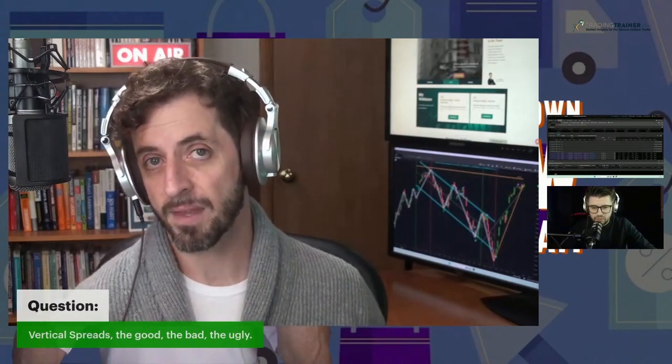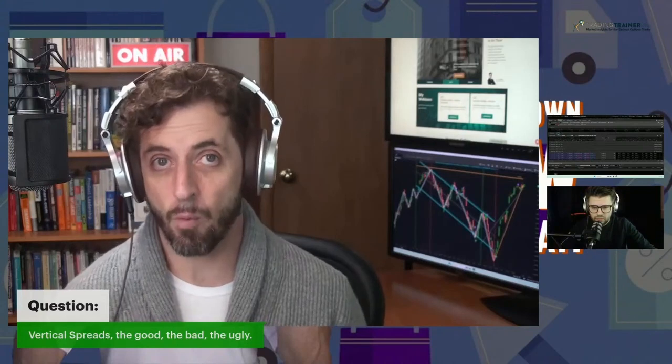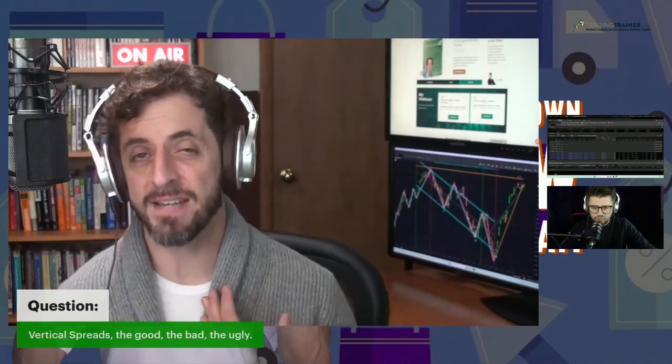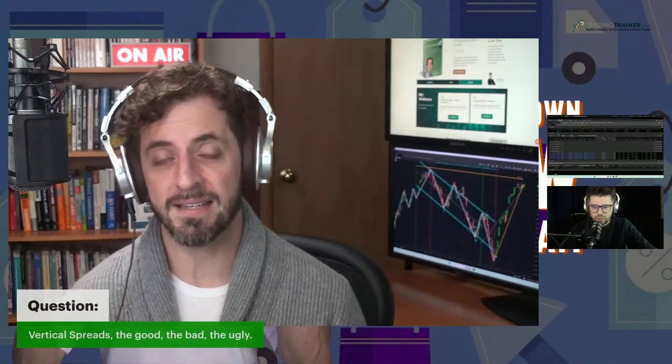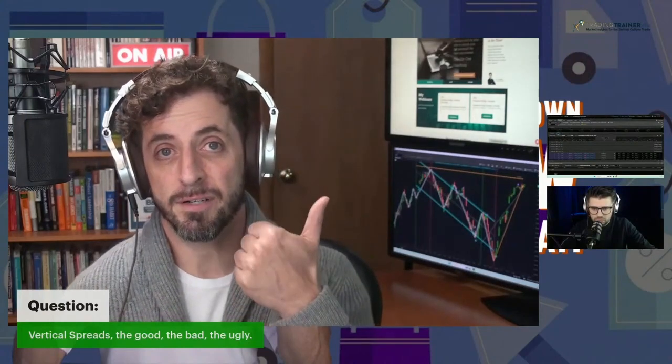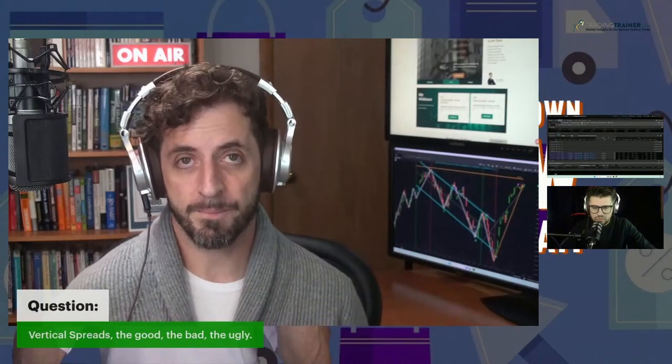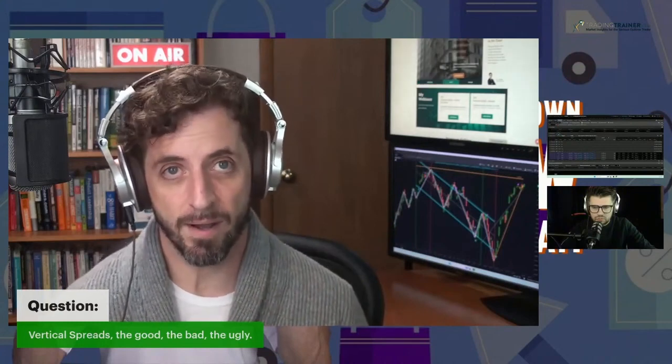They're very popular. They have great reward potential, but the bad part about them is they also have pretty great risk potential. And of the courses that I've taken, most of the folks that teach about vertical spreads either don't know themselves about the whole risk component of them, or they just don't cover it very well.